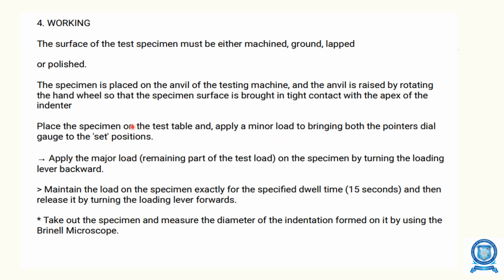Then we apply the major load by means of the indenter, monitor the load from the system, and maintain the load. After 15 seconds, we take out the specimen and measure.